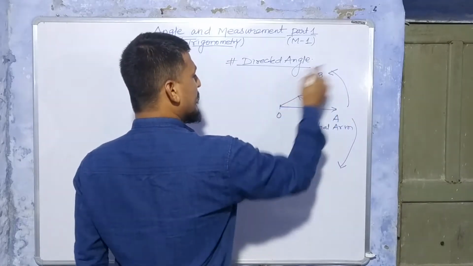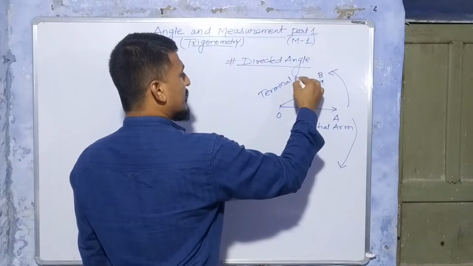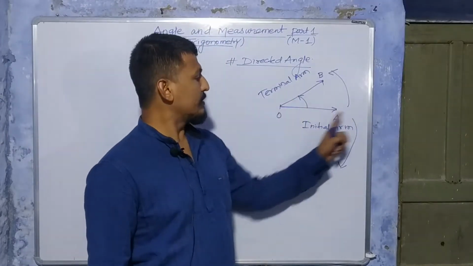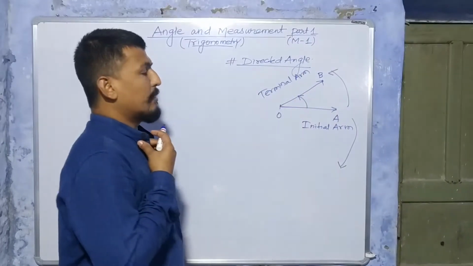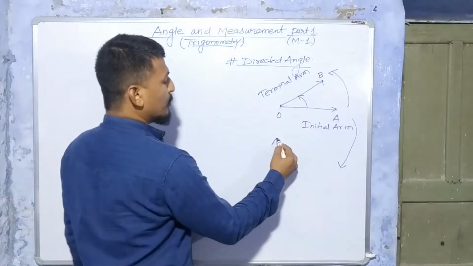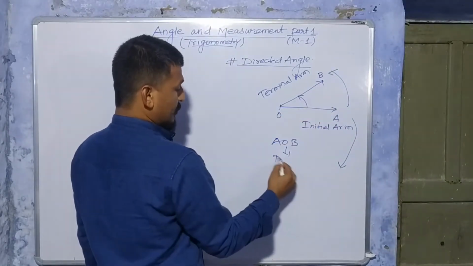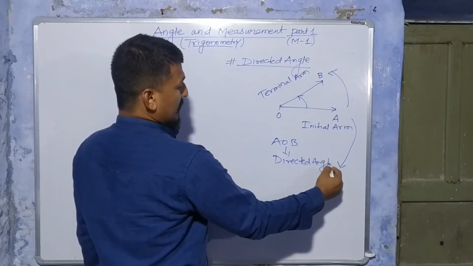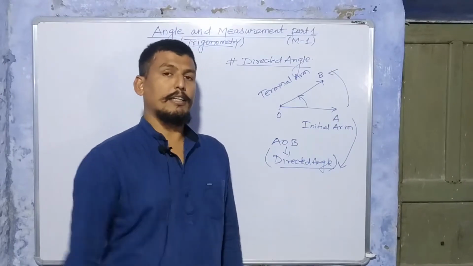Now OB is called the terminal arm. So OA is the initial arm, OB is the terminal arm, and AOB is known as the directed angle, right?